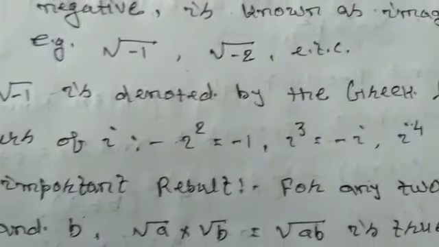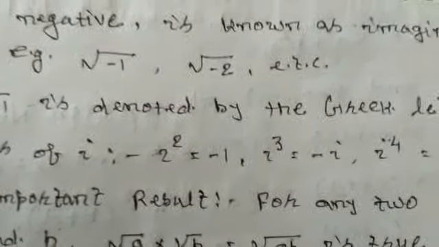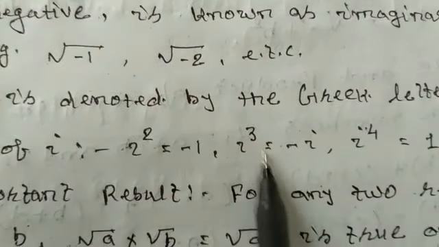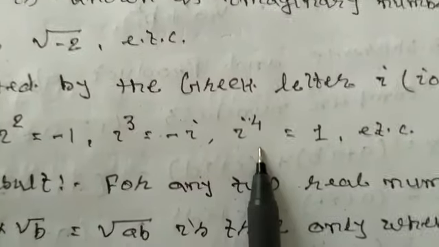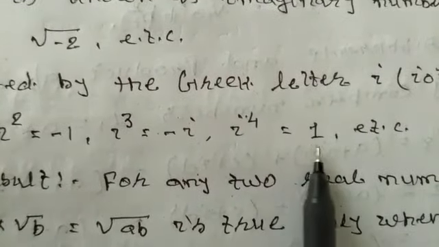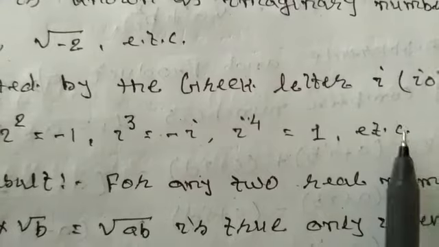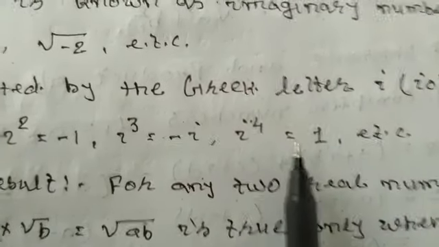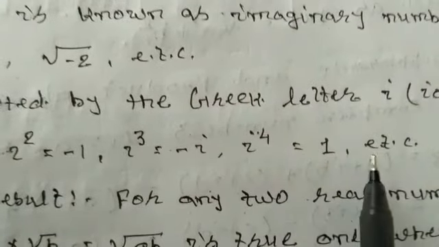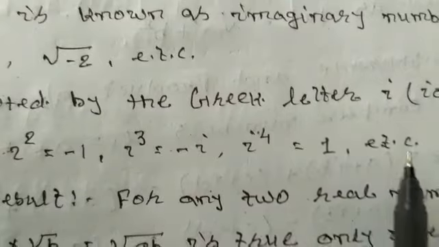So obviously i square will be minus 1 and i cube will be equal to minus i, and the value of i to the power 4 will be equal to 1, and so on. You can find the value of i for any indices, any power.